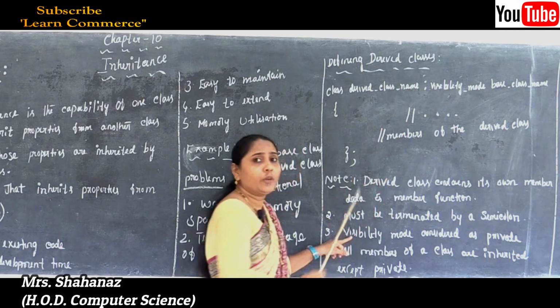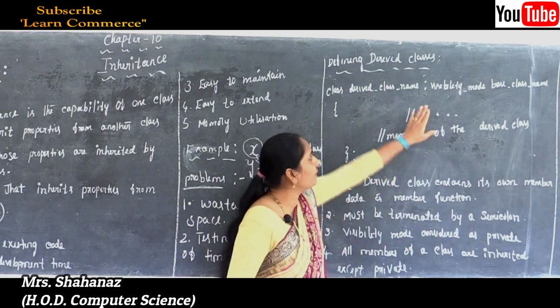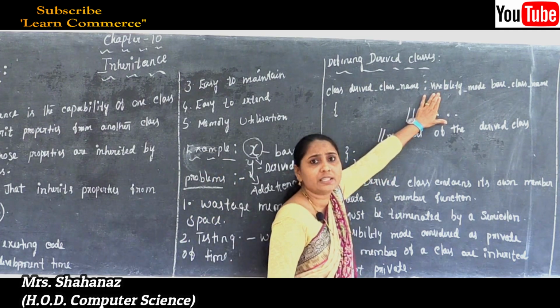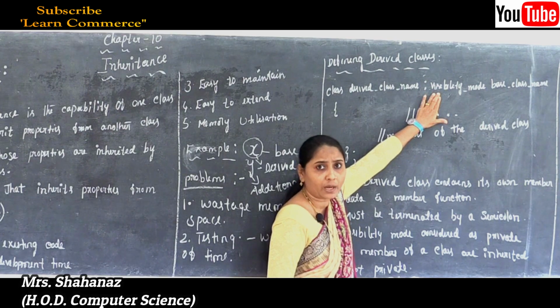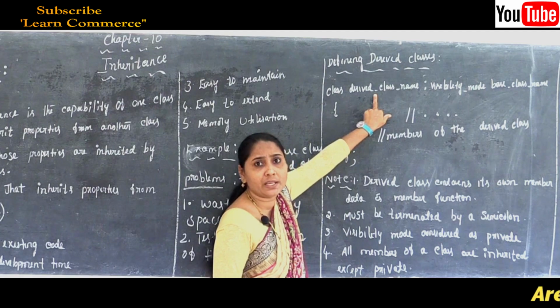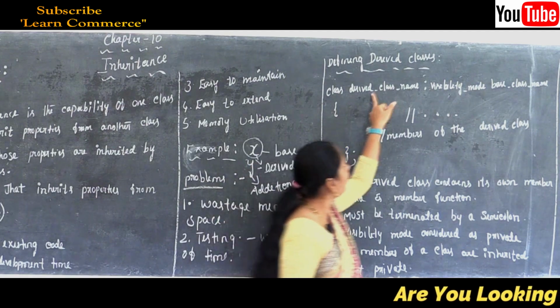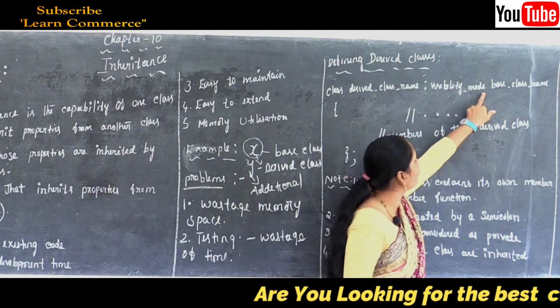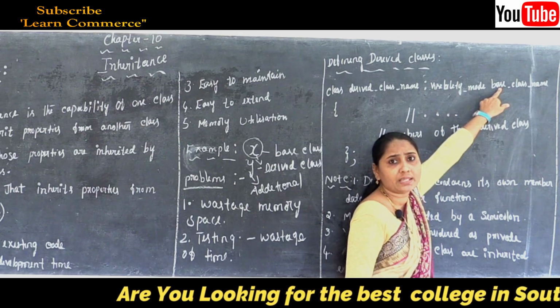So if you are not going to use the visibility mode while writing the syntax, while writing the program, that means class, the derived class name, say Sun, and colon, and you are not going to use it directly, you use the base class name here.